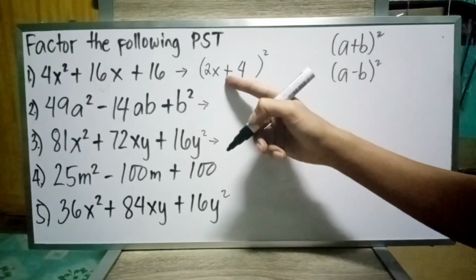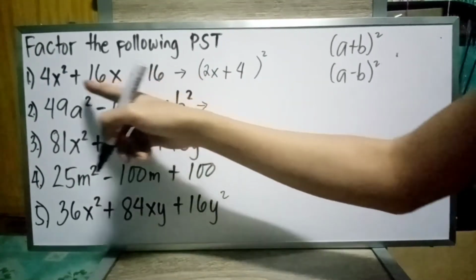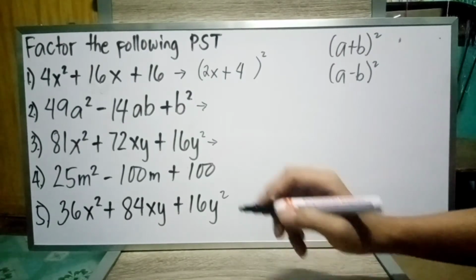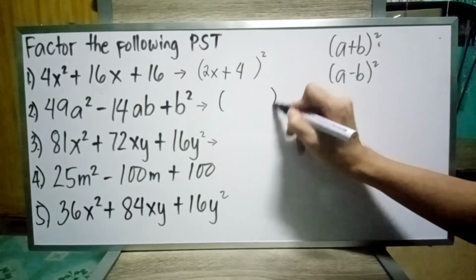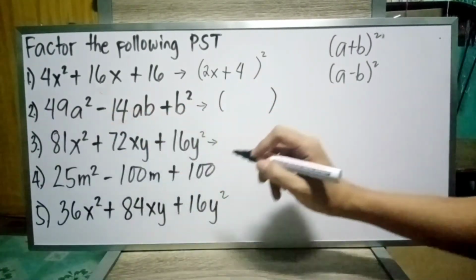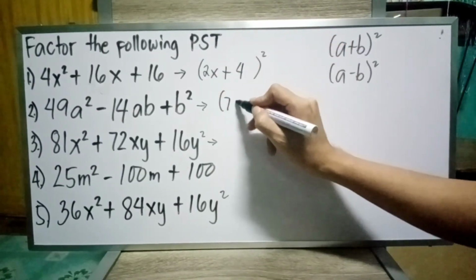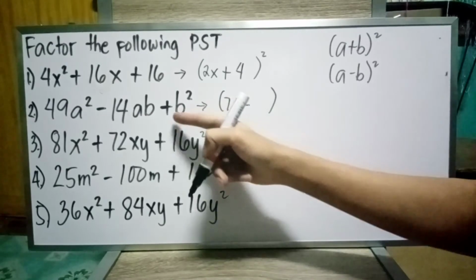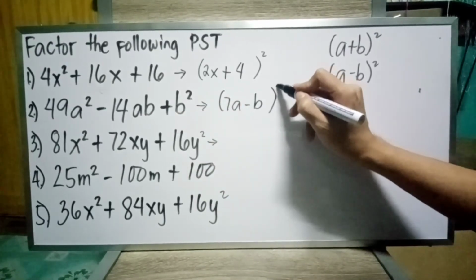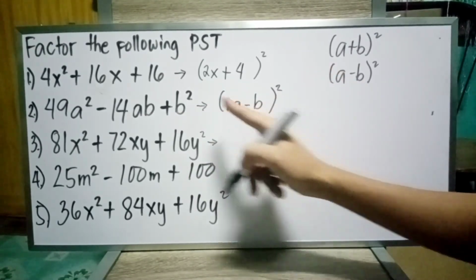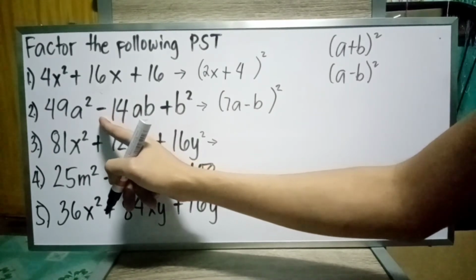I use positive here because the middle term is positive. Next, the square root of 49a squared, that is 7a, minus the square root of b squared, that is b, then squared. Why did I use negative? Because the middle term is negative.